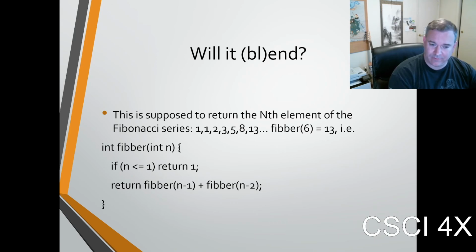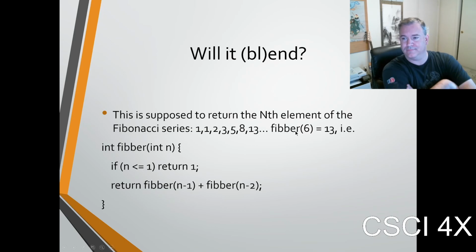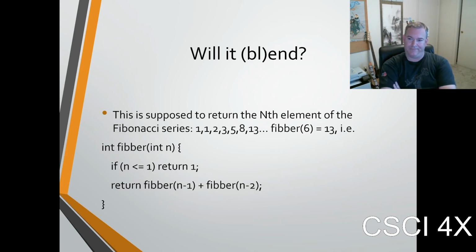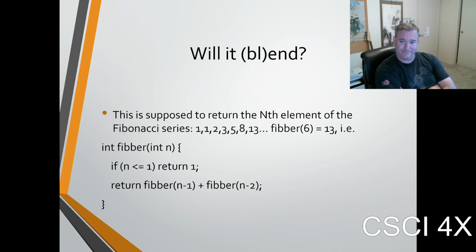Check 0. 0 is included in the less than or equal to. What's wrong with the code? Let me give you a hint. There's 2 things wrong with this code.